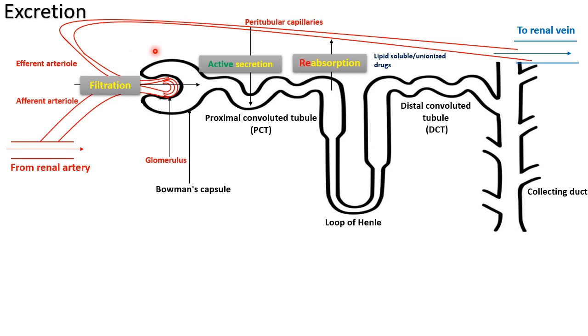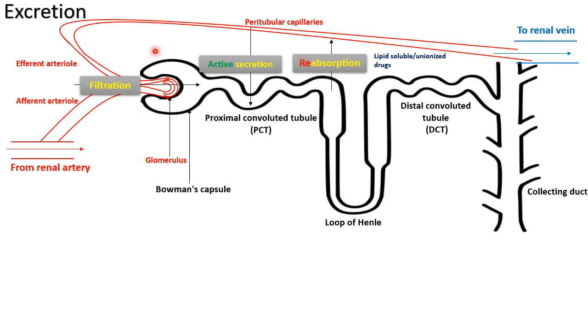So because of its low water solubility, it doesn't need to be in urine, which is water. And so we see that it's reabsorbed again into the blood. Okay, now we have to discuss this active tubular secretion in more detail.